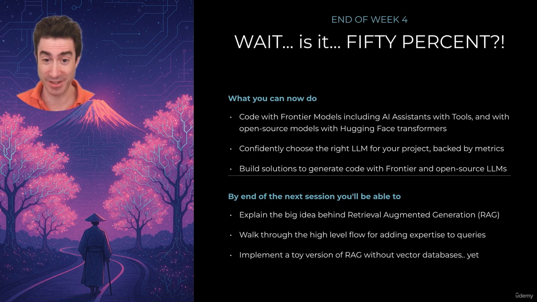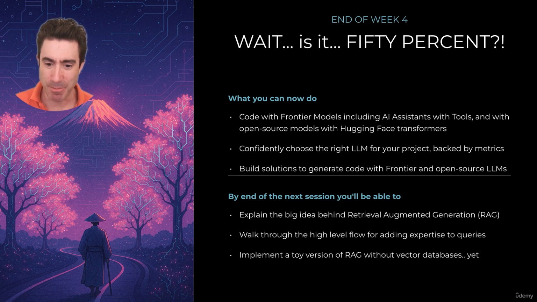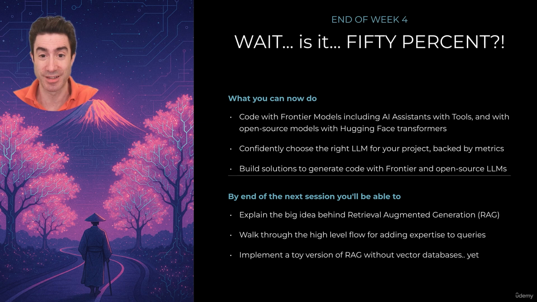But more importantly than all that, you're now heading into RAG week, the moment that so many, probably including you, have been waiting for. But already you can code with frontier models, and with Hugging Face transformers, you can choose the right model for your project based on metrics, leaderboards, and so on. And you can build solutions that generate code using frontier models and open source models, and you can be wowed by the results.